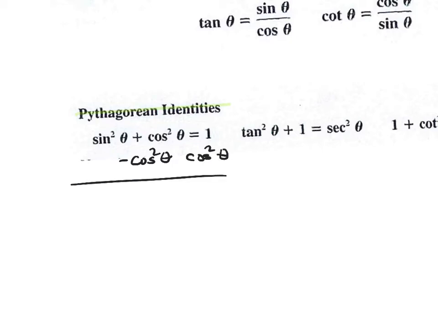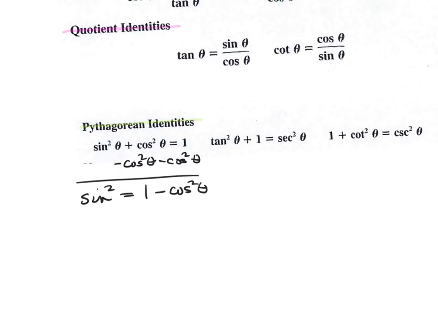So we would get sine squared theta equals 1 minus cosine squared theta. We could do exactly the same thing and solve it for cosine squared by subtracting the sine squared. So be able to manipulate these 3 Pythagorean identities to different versions of itself.